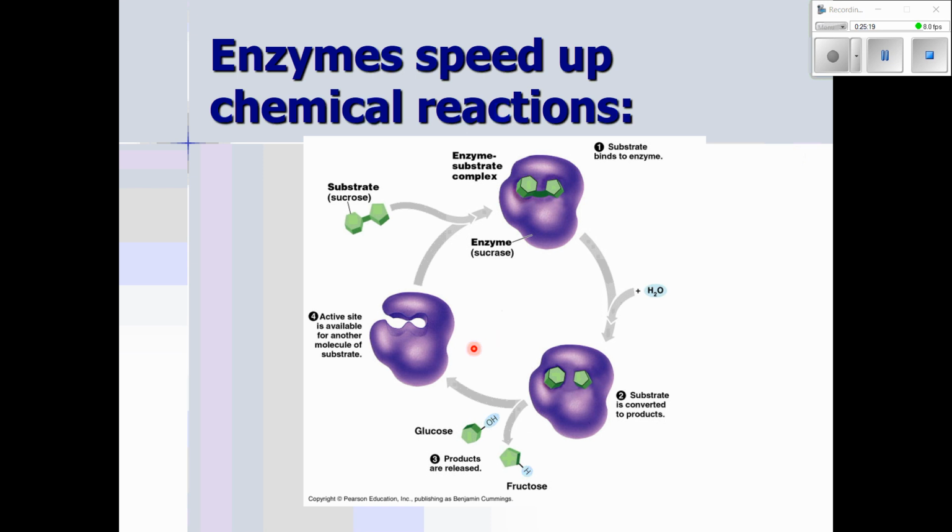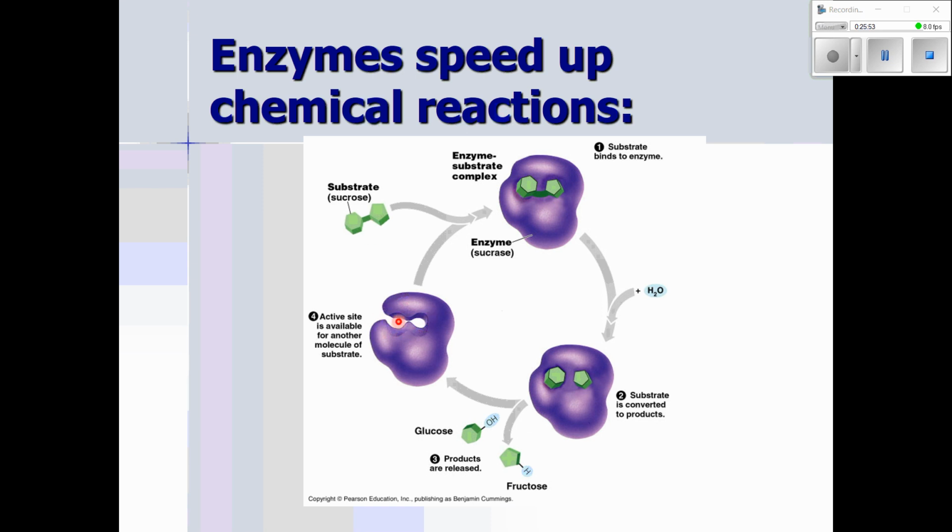So in this series of images, the purple blob that you see is an enzyme. The name of the enzyme is sucrase. And every enzyme has a very specific three-dimensional shape. And specifically, there's going to be an area on the enzyme that has an exact perfect shape for some other molecule to bind to.